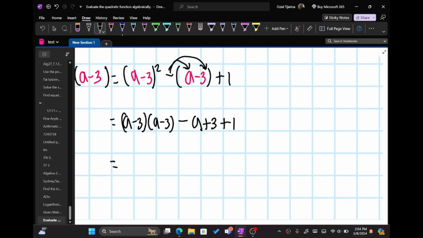So now we're going to just do the FOIL method. So we have a squared minus 3a minus 3a, and then plus 9. And then we're going to put the minus a plus 3, and just add these two, so plus 4 basically here.